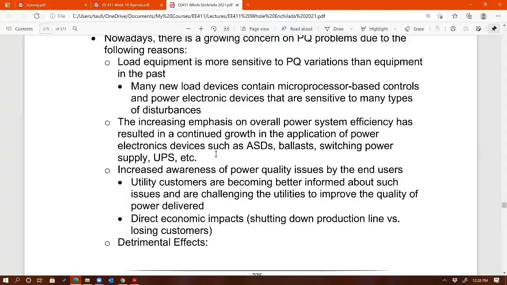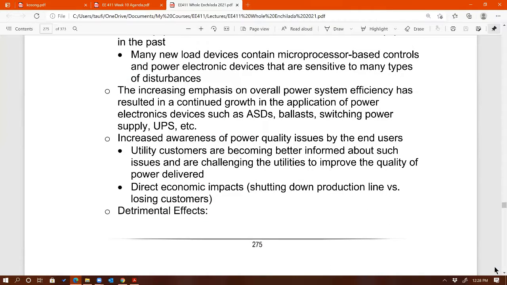Smartphone chargers, wireless chargers, those are electronic devices that have a power electronics interface, right? So more and more power electronics are being used nowadays, and that is good on one hand, right? But on the other hand, you'll see that power electronics creates this problem of corrupting the power systems connected to it, right?